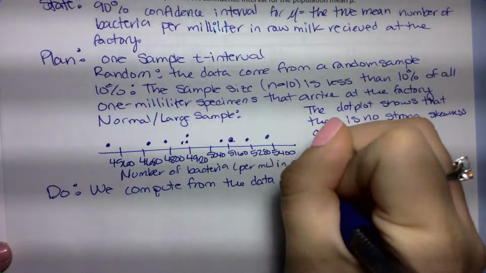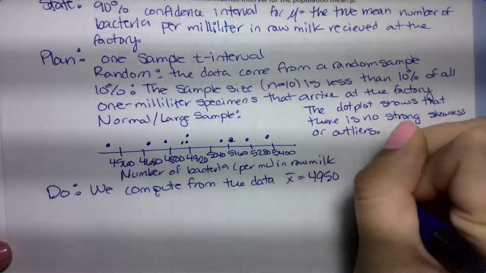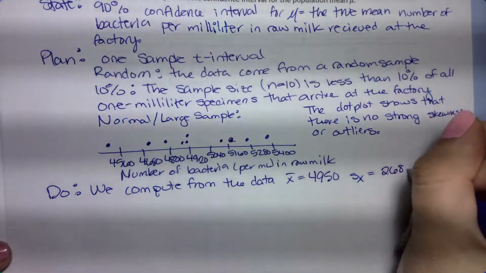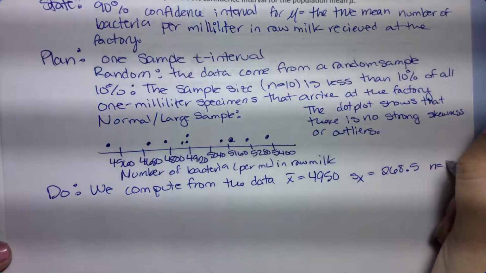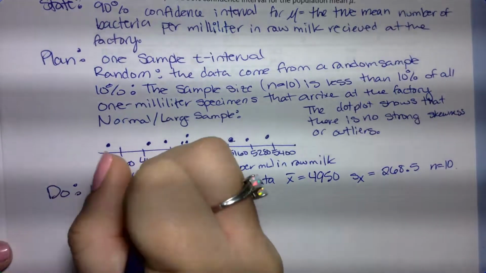My mean is 4,950. And my standard deviation is 268.5. I know my sample size is 10. So then I have a degree of freedom of 9.